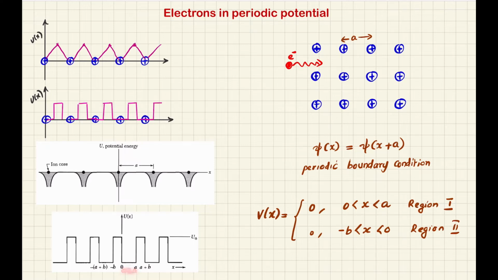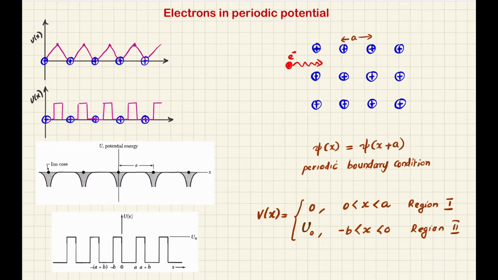From a to a plus b, the maximum potential regime, I have some potential which is U0. And we can write this region, minus b less than x less than 0, as region 2.